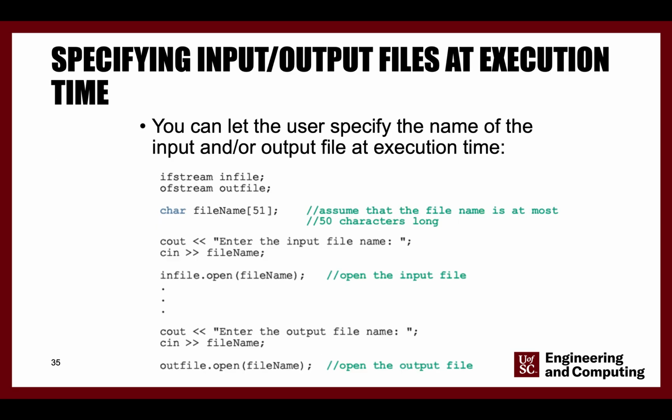One thing that is useful with C strings is to specify input and output files at execution time. So here you can make a program interactive by using a C string to get the name of a file and use that to open it, instead of having it either hard coded or passed as a command line parameter.